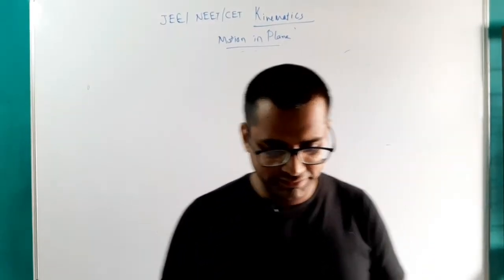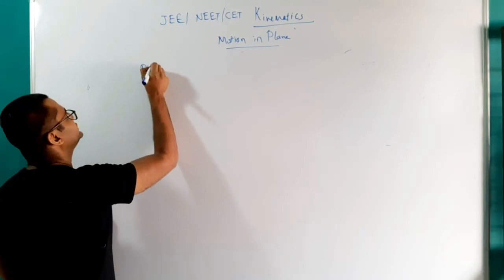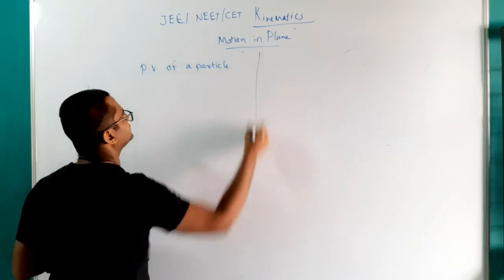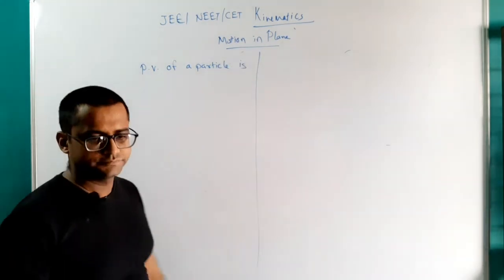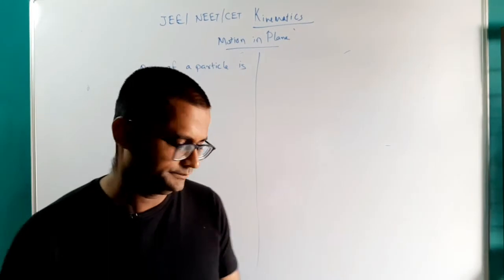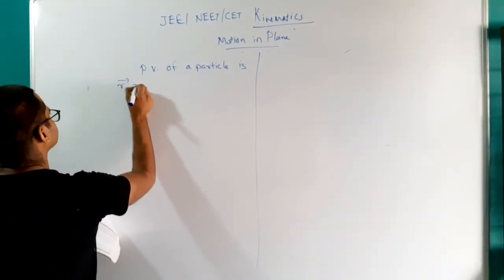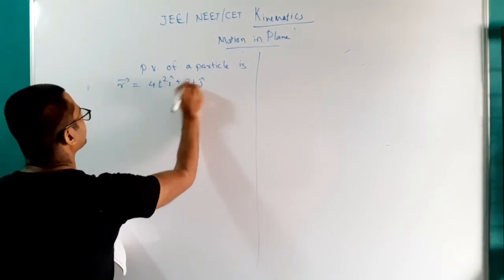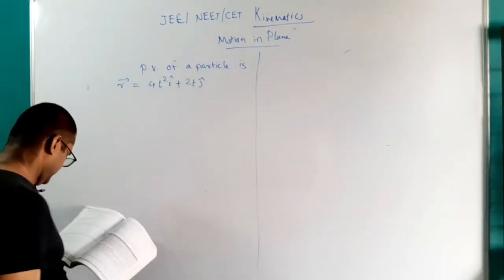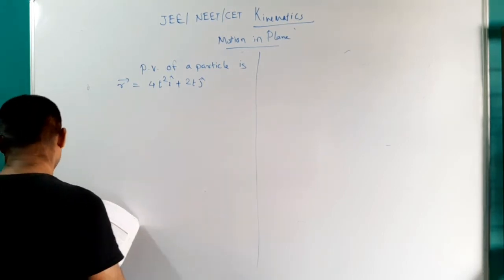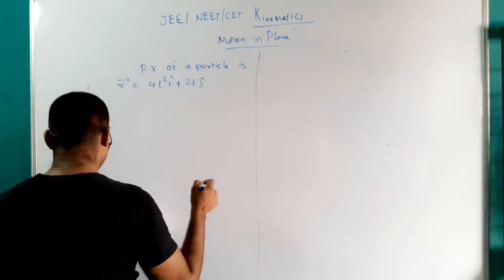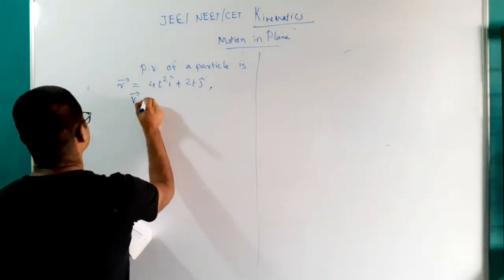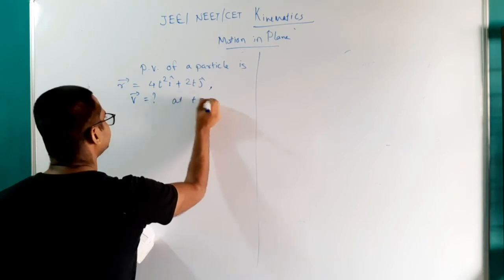The position vector of a particle is r bar equal to 4t square i plus 2t j, where t is in seconds. Find the velocity of the particle at t equal to 3.